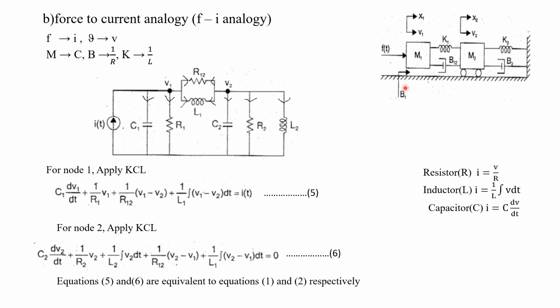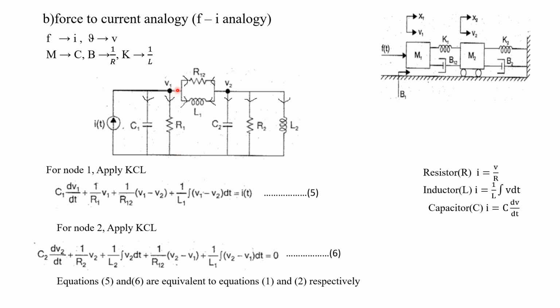So for this mass M1, its own opposing force is nothing but the capacitor. M is equated to C, so correspondingly here we draw the capacitor C1. Now what are the elements related only to M1? That is B1, which is also connected to only M1. B is equated to R, so for this node we have to represent this R also, in between that node as well as ground.